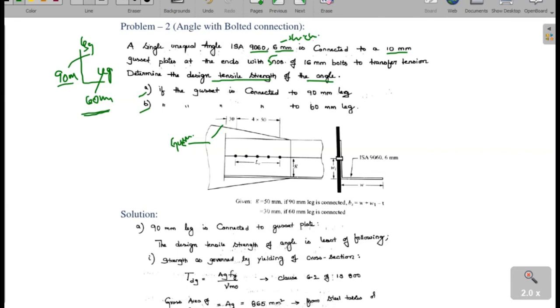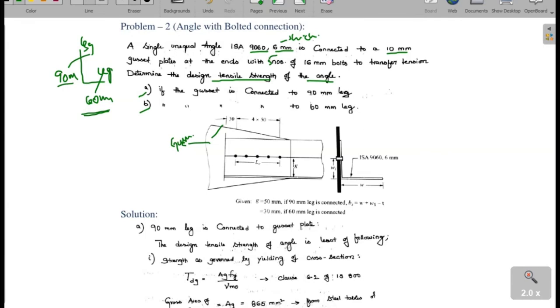So you know that in order to calculate the design tensile strength of an angle, you have to find out what is the strength in yielding, what is the strength in rupture, and the third one is block shear. The least of these three values is taken to be the design tensile strength of an angle. So now there are two cases here.